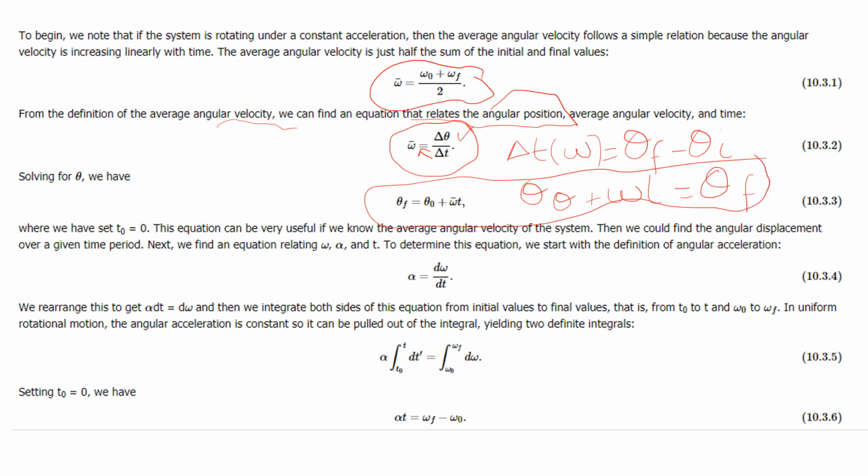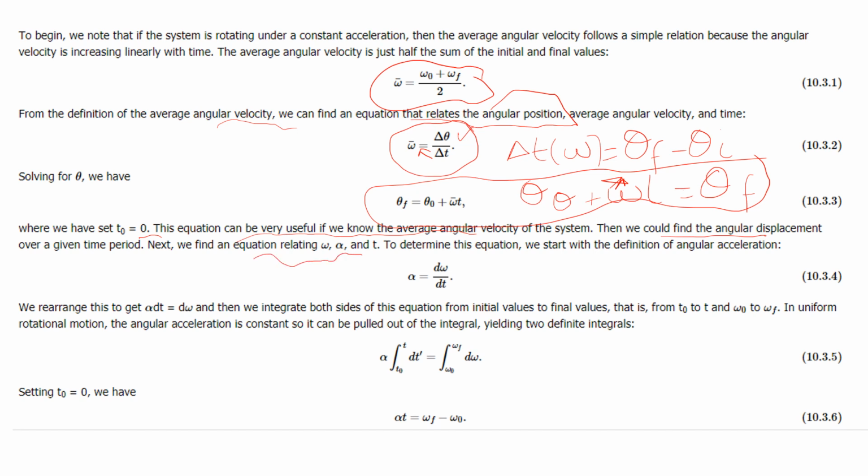This is the formula, where we have set t equal to 0. The equation can be very useful if we know the average angular velocity, then we can find the angular displacement over a given time.